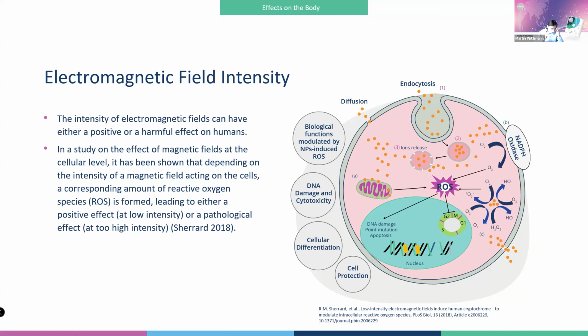It has shown that depending on the intensity of the magnetic field which is used for applying it to the cells, a corresponding amount of reactive oxygen species is formed, leading to either positive effects at low intensity or a pathological effect at too high intensity. And so our low intensity magnetic fields seem to be very positive.